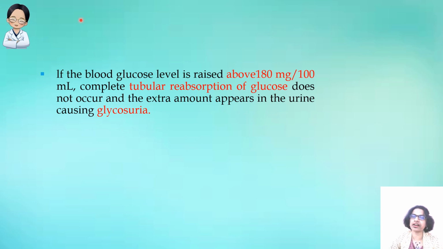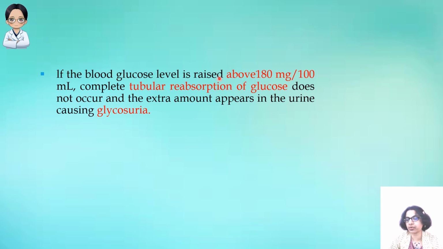So what is the concept here? If blood glucose level is raised above 180 milligram per 100 ml, complete tubular reabsorption of glucose does not occur. The tubules in the nephron will not reabsorb the glucose because there is excess glucose in the blood, and the extra amount appears in the urine.